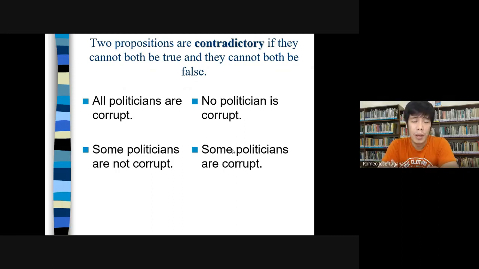Parang sinabi mong lahat ng tatay ay mapagmahal. O, yan yung halimbawa ng A proposition. No? All politicians are corrupt. Another example, lahat ng tatay ay mapagmahal. Anong relasyon niya sa O proposition? Anong O proposition nun?